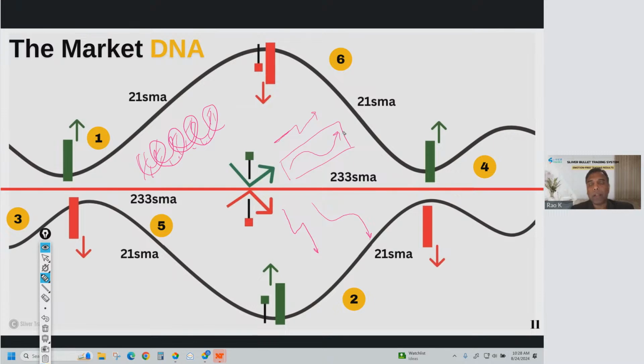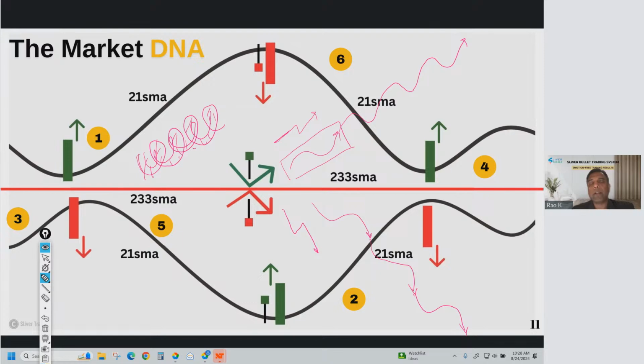Now, if we connect multiple movements, then this is how the price moves. If we connect multiple movements, then again this is how the price moves. And this is a basic movement, the DNA of the market.